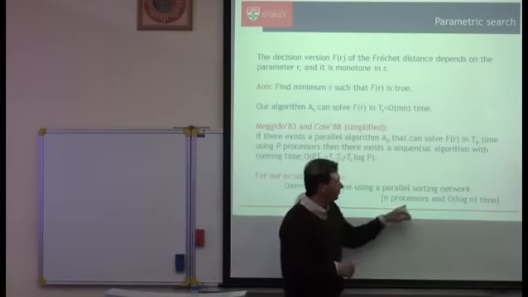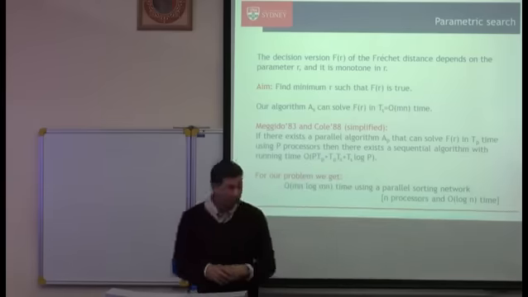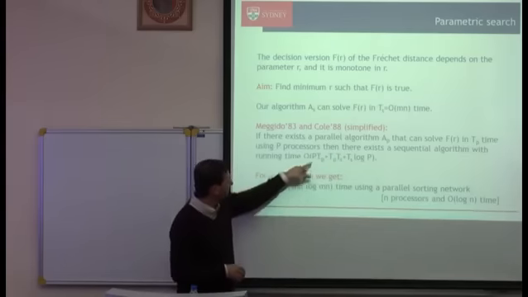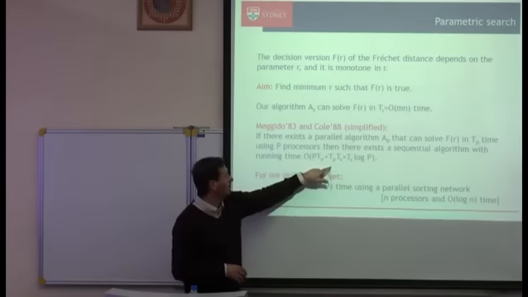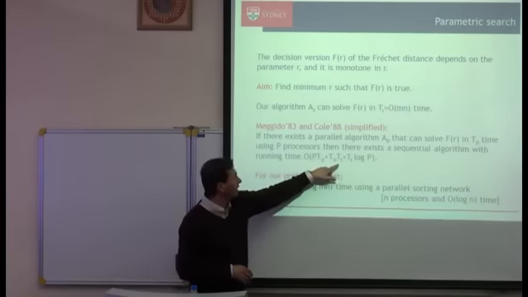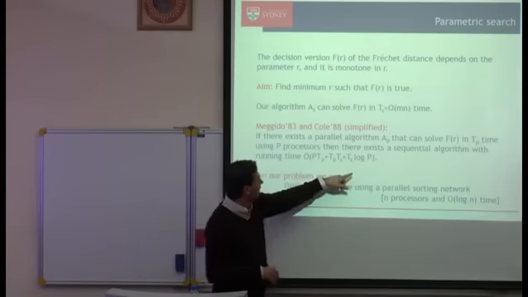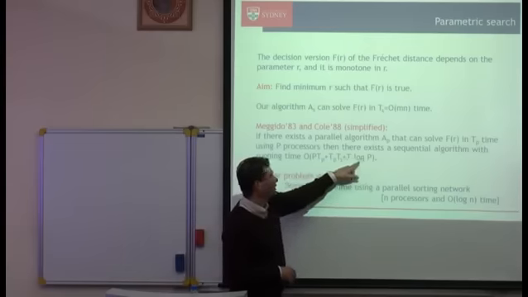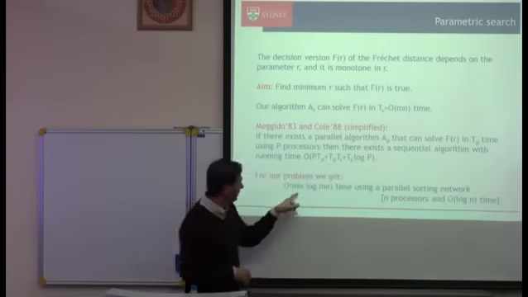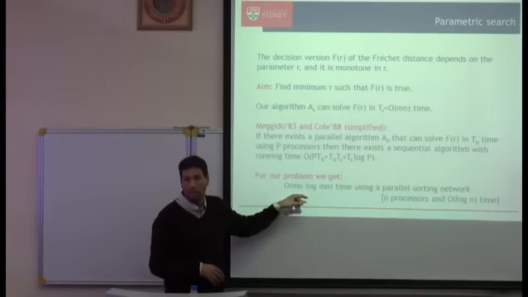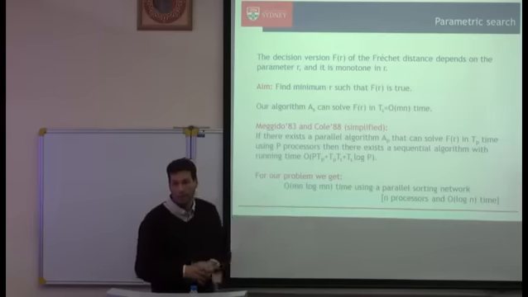And this we can do with n processors and log n time. And if you just plug this in, that means that we get n processors, log n time plus mn, and then mn log n. So the only thing we get is mn log mn. Okay.